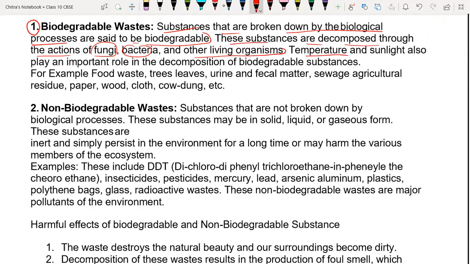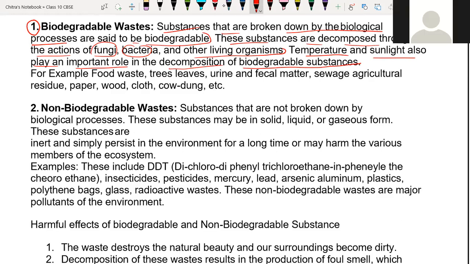Temperature and sunlight also play an important role in the decomposition of biodegradable substances, because sunlight and proper temperature are required for the growth of microbes in such waste so that they can easily decompose biodegradable waste.